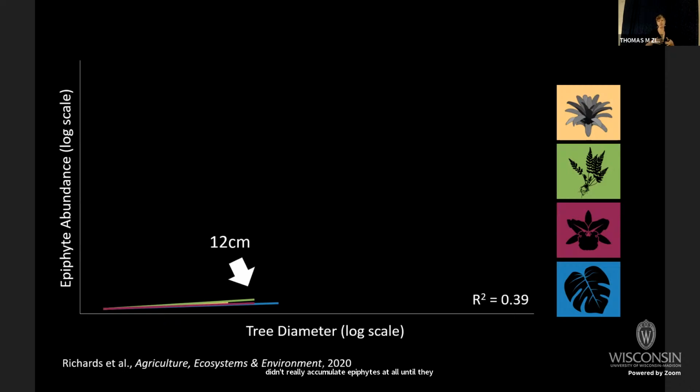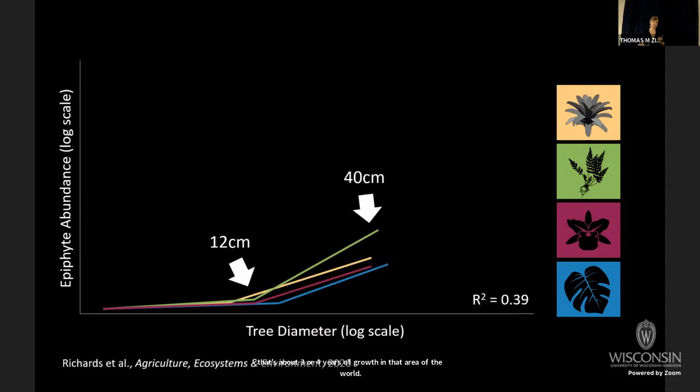And that's about 3 or 4 years of growth in that area of the world, and for those particular types of trees. And then after those first 3 or 4 years, they started to accumulate some of the epiphyte species. And I started finding more and more species there as those trees got larger, up to about 40 centimeters, which would be maybe a 15-year-old tree, something like that.